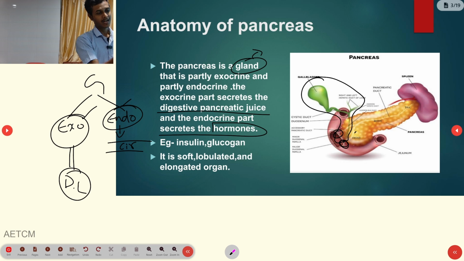But it can affect your pancreas also, because both are near the opening. Whenever there is a problem in this area or this area, it will affect the nearby structure also. That is one thing we have to keep in mind.